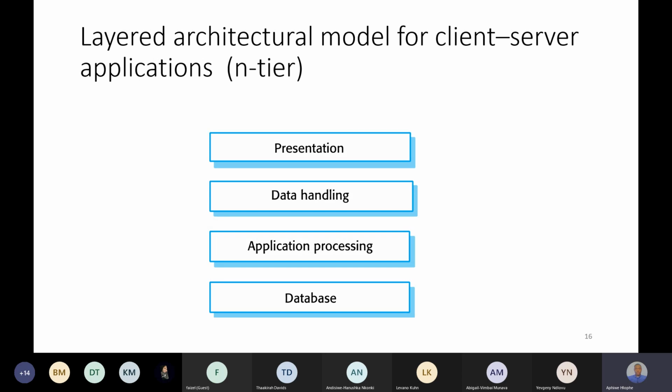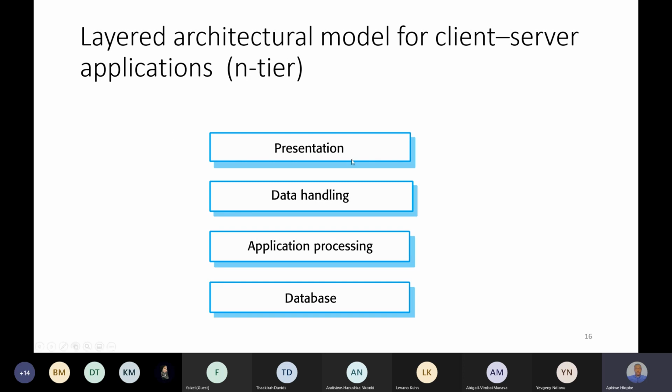Then we also have what we call the N-tier, which is more than 3 layers. So what motivated the move from 3-tier to N-tier? They wanted an additional layer for security and validation purposes.